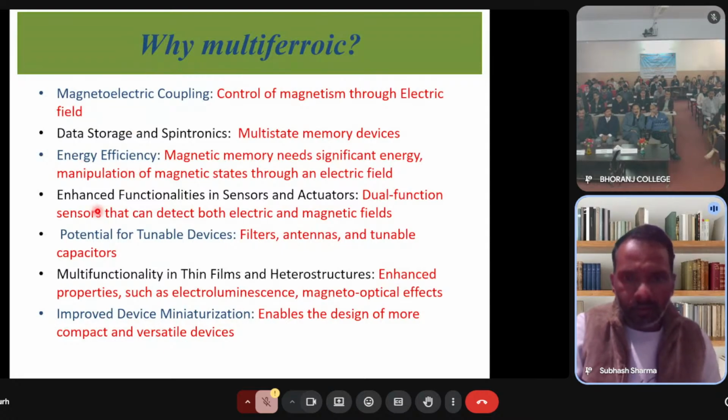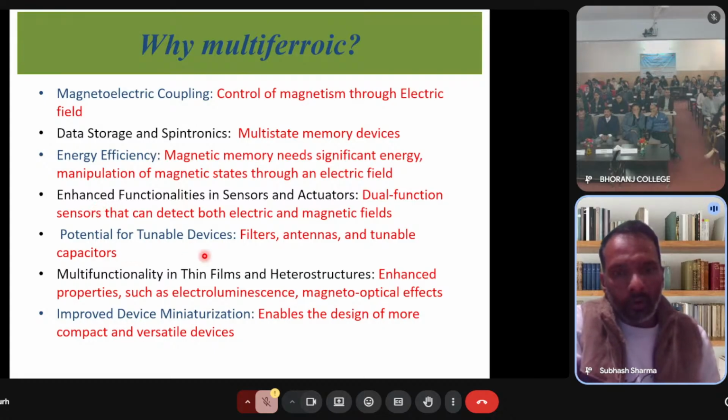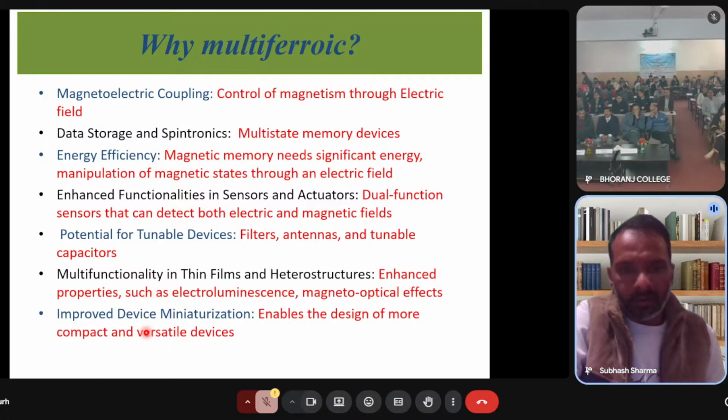Then enhanced functionalities, and sensors and actuators. Once you have electric and magnetic control, you can make sensors that detect both electric and magnetic fields. Potential for tunable devices, multifunctionality in thin film and heterostructure, and improved device miniaturization.